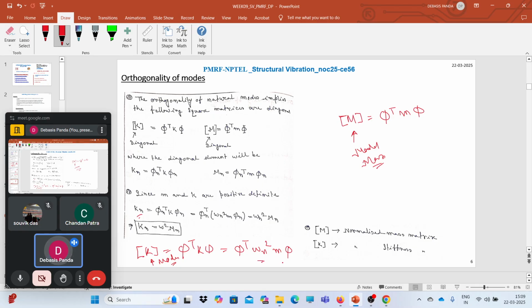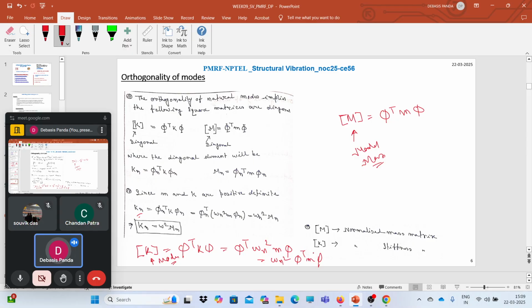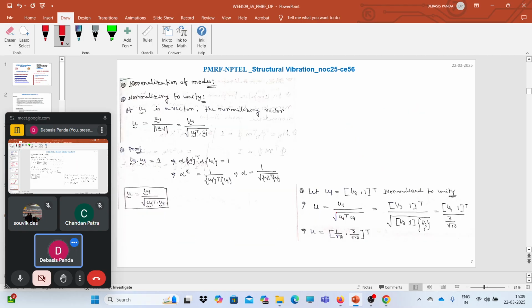So ultimately we are left with omega n square phi transpose m phi. That means it's nothing but the modal matrix. So omega n square and m, this is the normalized mass matrix. We all know this will become identity matrix. So we are left with omega n square. That's why we call it a spectral matrix, right?